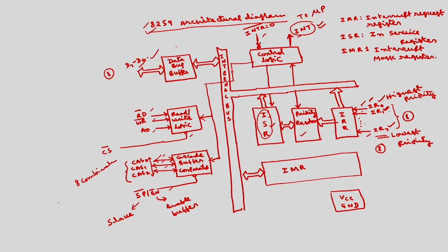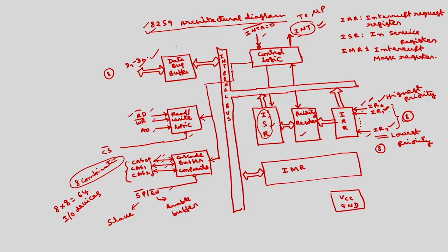So, in total, 8 into 8, 64 IO devices can be connected in cascade mode. Because of these 3 bits, there are 8 combinations, and in each combination we have 8 different signals.